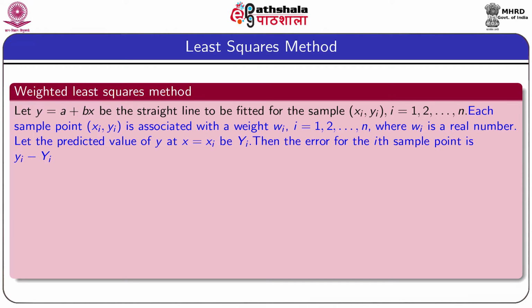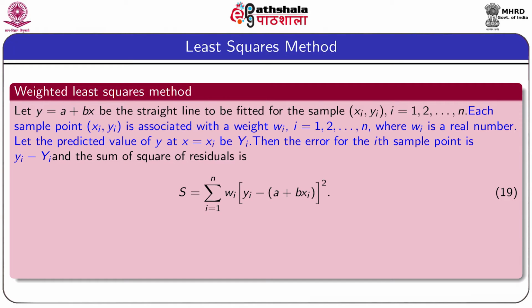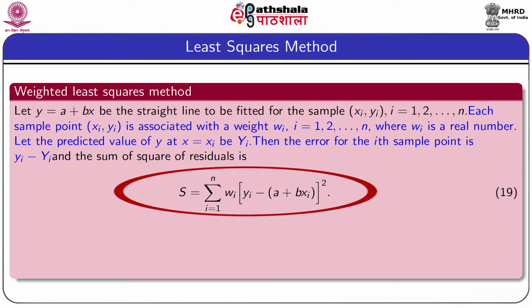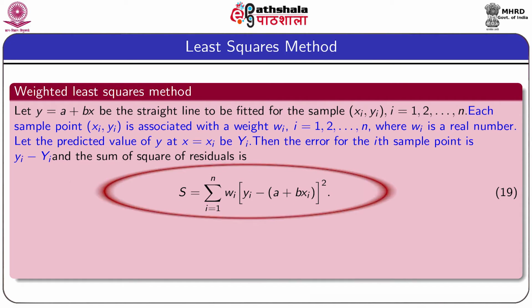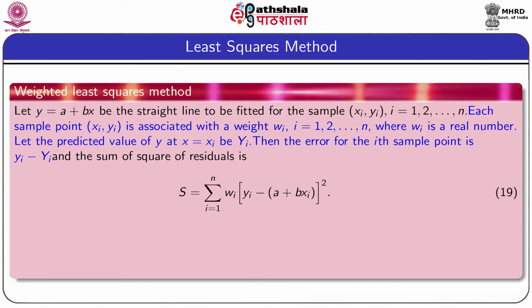Let the predicted value of y at x equal to xi be capital Yi. Then the error for the ith sample point is small yi minus capital Yi, and the sum of squares of residuals is S equal to summation over i equal to 1 to n of wi into yi minus (a plus bxi) whole to the power 2. Note that the wi factor is included in this method.